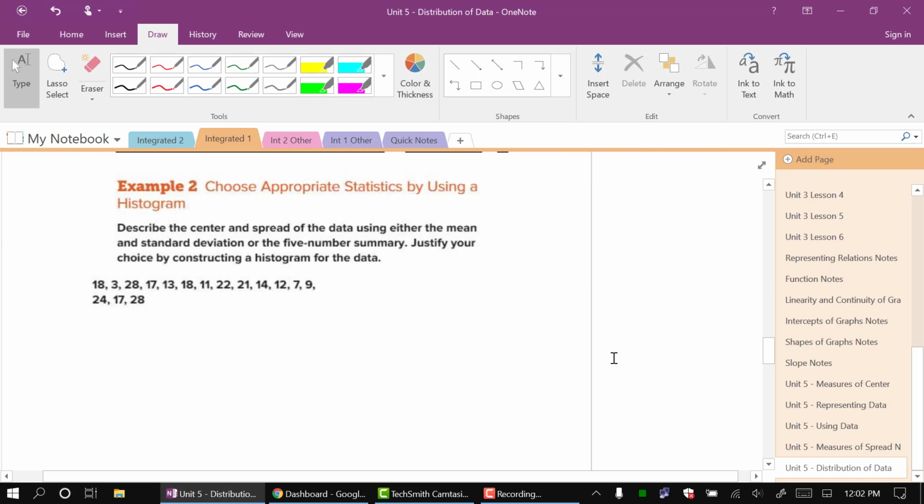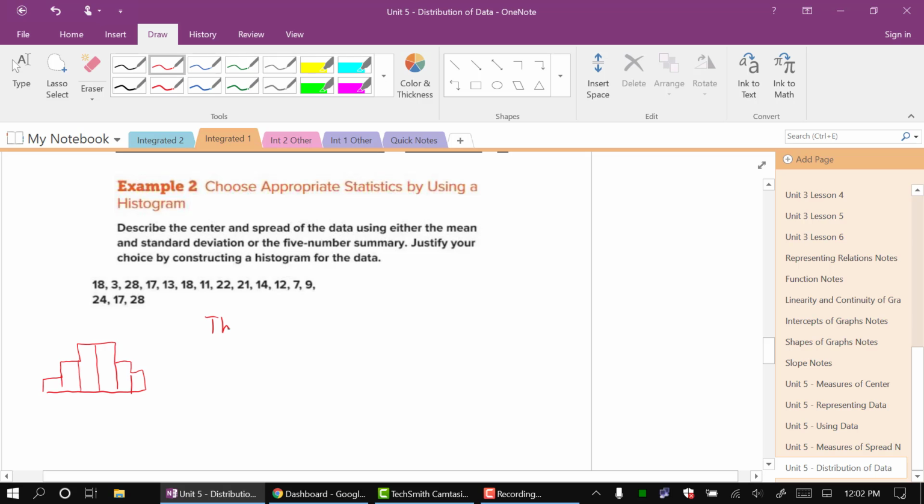So example 2, again, I'm going to rough sketch out the histogram. For the classwork, you're going to fully do out the histogram. But for the matter of time, I don't want to make the video an hour long. So here's my histogram roughly after I put my numbers in order from least to greatest.